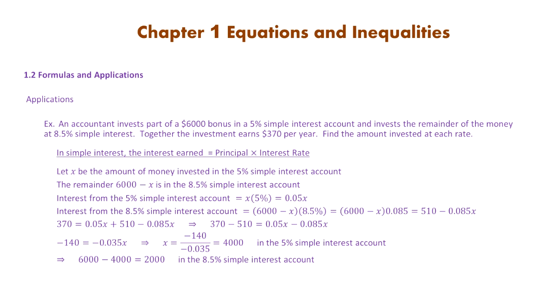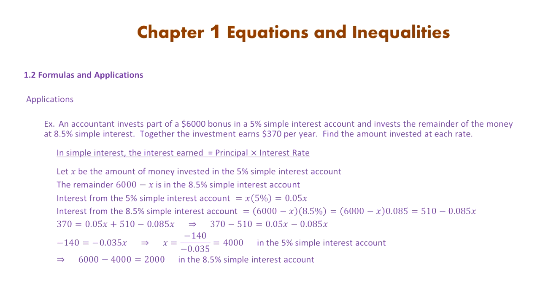To solve a word problem, the rule is always to assign the variable to start. Just assign the variable to the question asked. I think I said that before. In this problem, we need to find the amount invested at each rate. So let's let X be the amount of money invested in the 5% simple interest account.